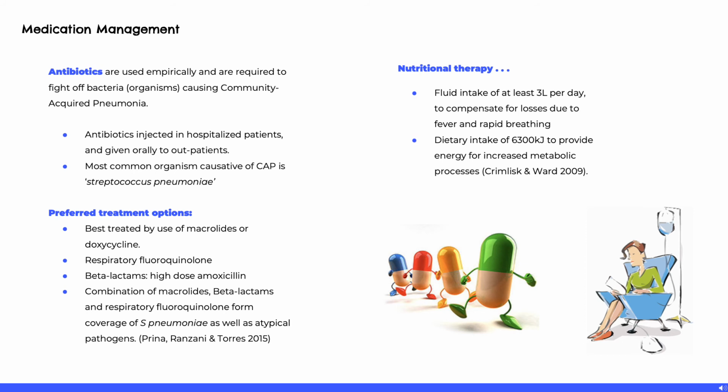If oral intake cannot be maintained, IV fluids and electrolytes should be considered for an acutely ill patient. Small, frequent meals are ideal for patients, and they should aim to intake about 6,300 kilojoules per day to provide and maintain energy for increased metabolic processing occurring in the body. This is essential in treating and reducing the symptoms of fatigue.